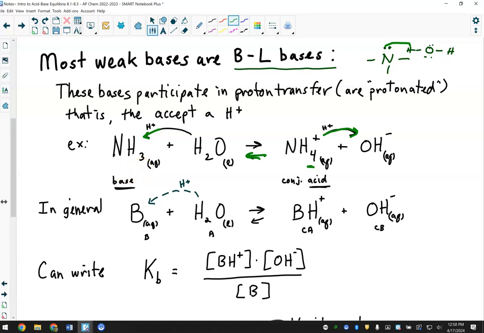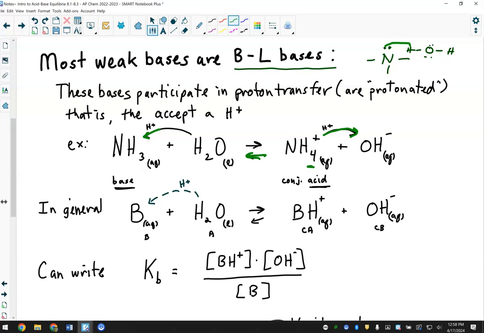So that's the example of the Bronsted-Lowry base. It does end up making hydroxide ion in this reaction, but remember, it doesn't have hydroxide in its formula, so it can't ionize to make hydroxide ion. That's the Arrhenius definition. Now, in general, how would you write this? Well, you have some base, and you're going to add water. The water will add a hydrogen to the base, and the way you write that formula is BH+.